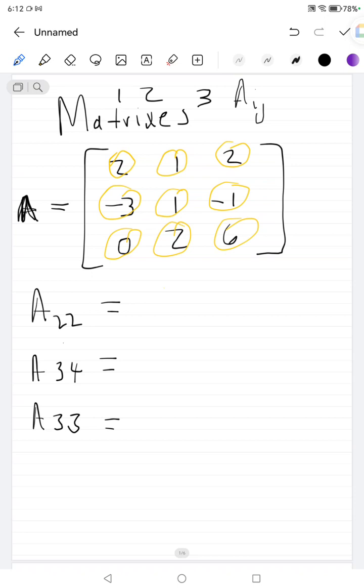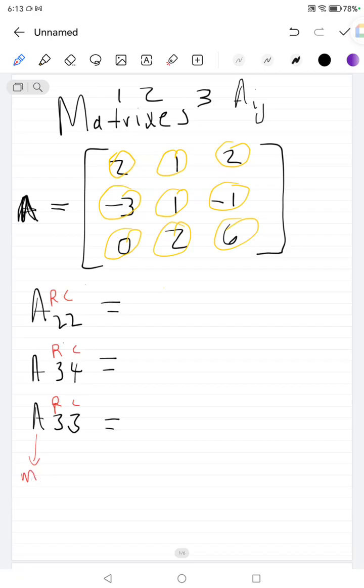Remember, as I said, that we always have rows, columns, rows, columns. This one just tells you that it is your matrix A.